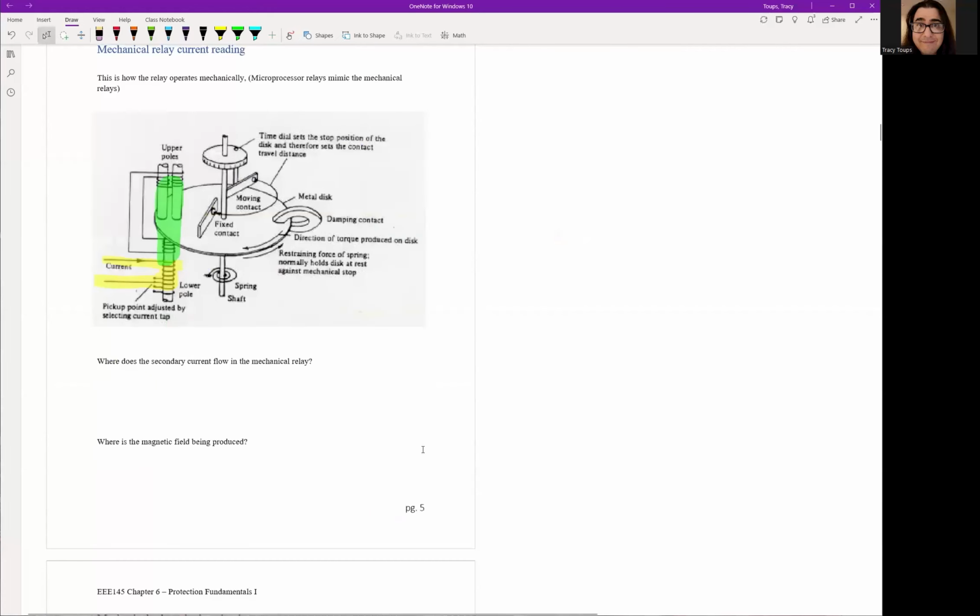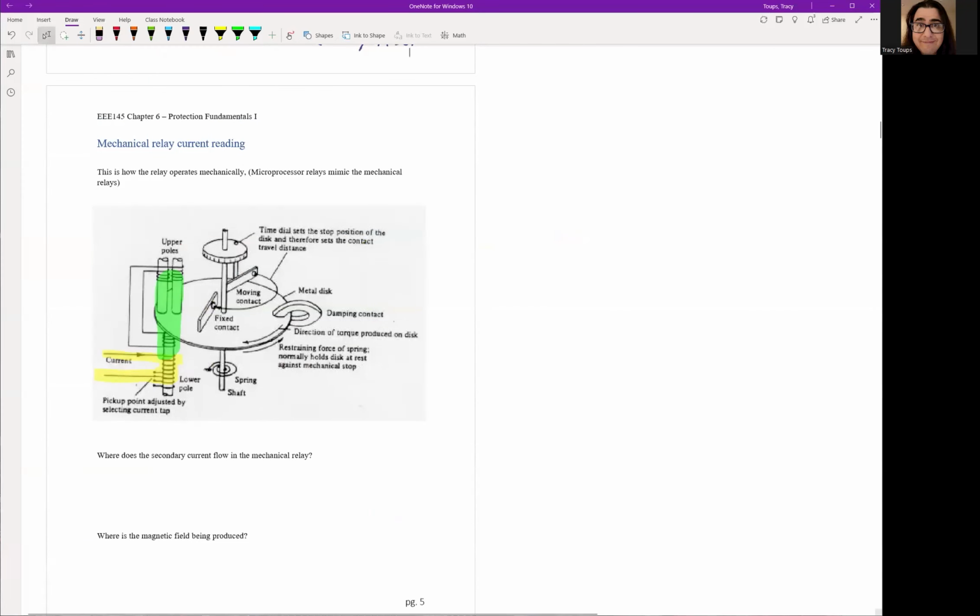Now let's start talking about how the mechanical overcurrent relay operates. We always talk about explaining mechanical relays because they were the first, and the entire power industry's protection schemes are based on these mechanical relays because they're already there.